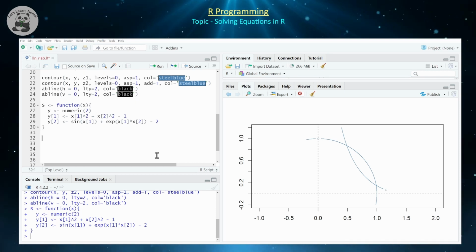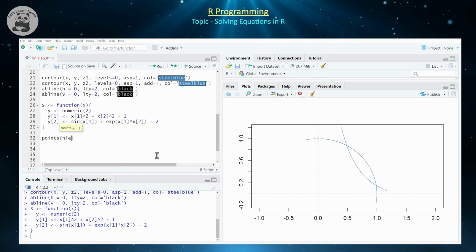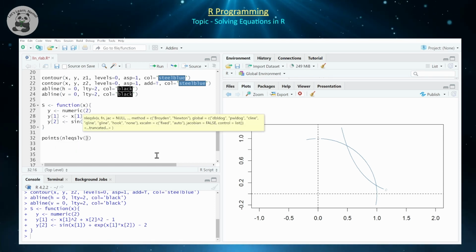Right? So let's use our nleqslv function and see if it finds the correct solutions. So we're going to just plot the solutions on here. So nleqslv, and it sort of helps us type there. And let's assume we want to use an initial condition. So if you know anything about initial conditions, like Newton's method or bisection method or anything like that, it requires us to do an initial guess.